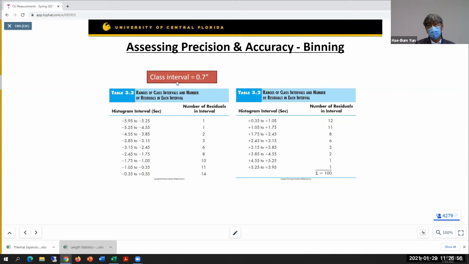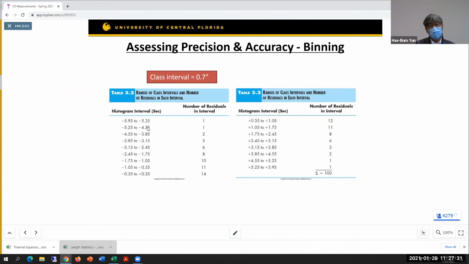In this example, we set the class interval at 0.7 seconds, and you can see that the first bin interval is from -7.5 to -5.95 to -5.25, right? Which is an interval of 0.7 seconds.